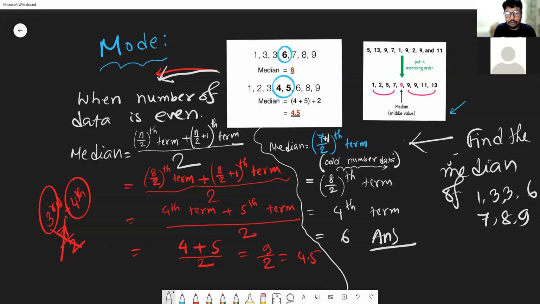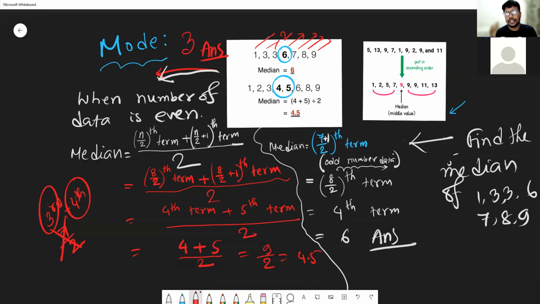Here 1 repeated 1 time, 3 repeated 2 times, 6 repeated 1 time, 7 1 time, 8 1 time, 9 1 time. So which one repeated the maximum times? 3. Yes, so the mode is 3.